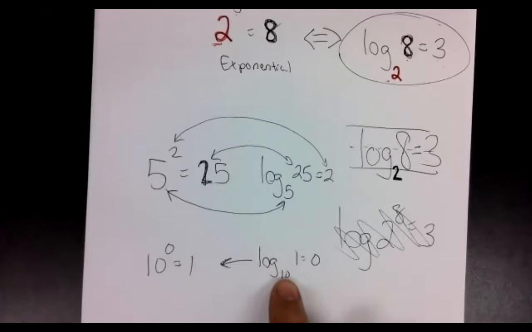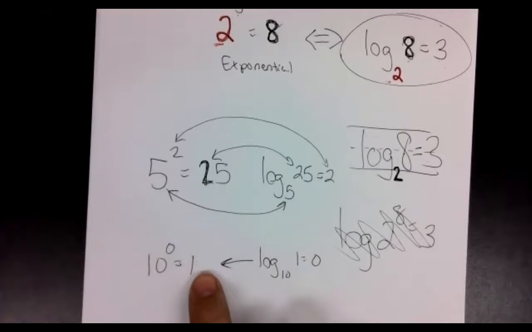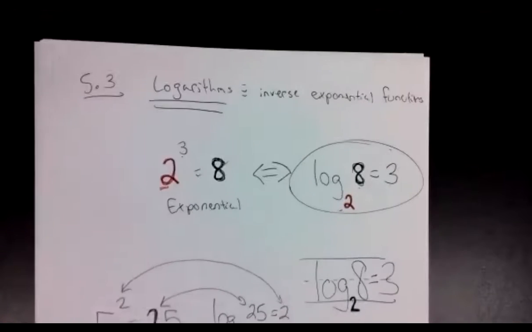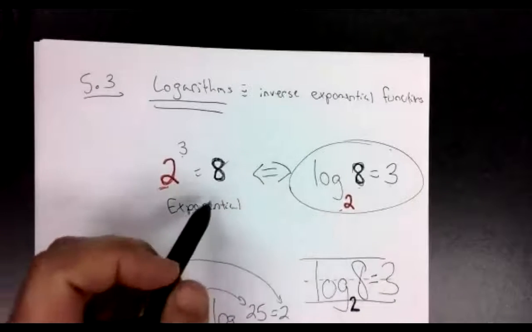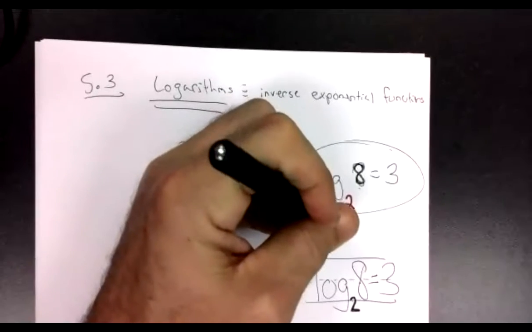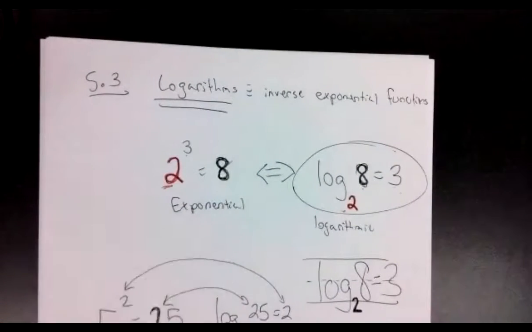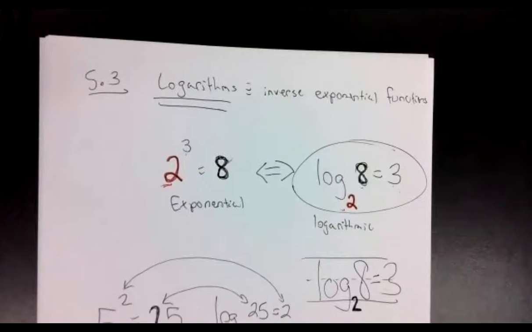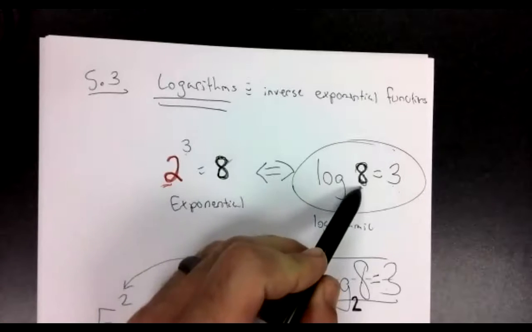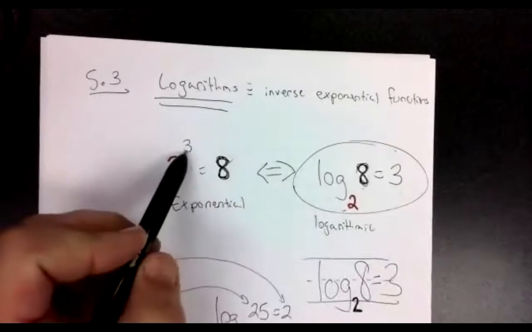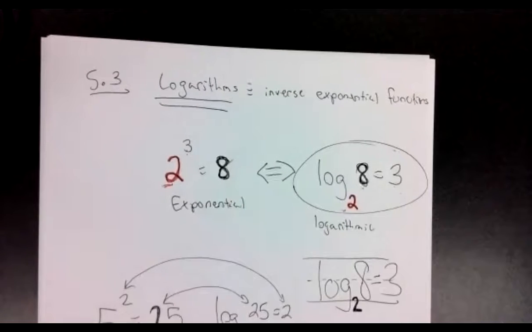So log sub 10 of 1 equals 0 can be rewritten as 10 to the 0 power equals 1. So that's how exponential functions and logs relate to each other. This is logarithmic. This is exponential. They mean the same thing. It's just written in 2 different ways. And if you graph them, they are inverses of each other. So again, input, output, input, output.